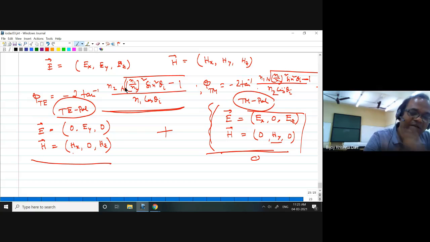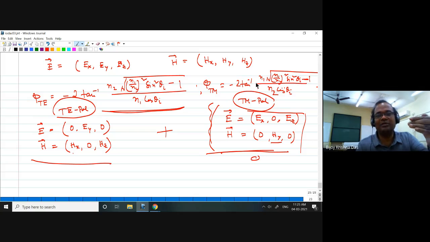Same thing for TM polarization: if you consider that, you can calculate what phase change is happening for that polarization. This value and this value can be different because one is N1 by N2 and this is N2 by N1.